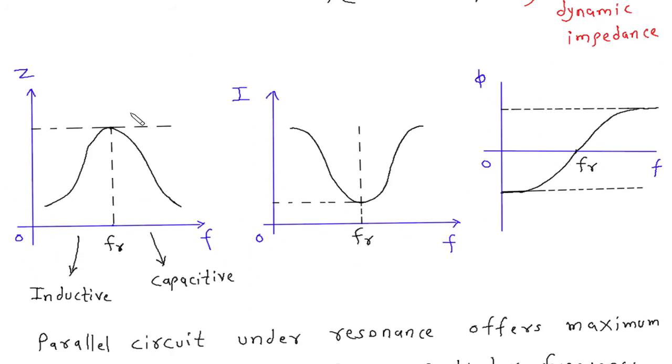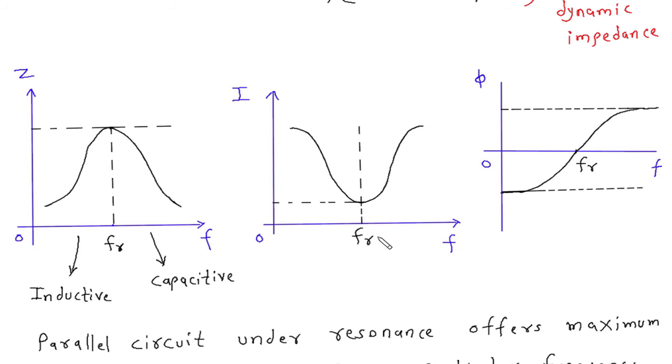Now here we can see this is the graph between impedance versus frequency. So at resonant frequency, the impedance is maximum, and on the left side the circuit is inductive, on the right side the circuit is capacitive. This is the graph plotted between current and frequency.